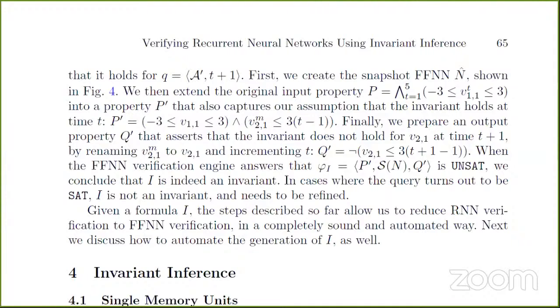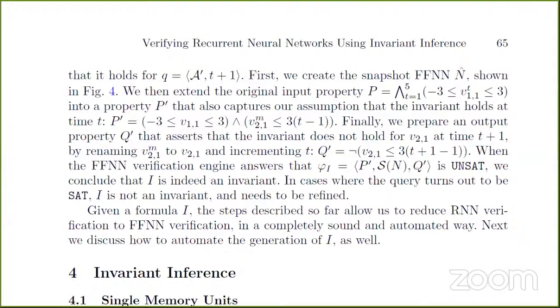So what is it that you want to check? Remember that we are checking this by induction. You have assumed that this property holds till some point, and then you are trying to make a transition so that this property does not hold. That the property does not hold in the next time instance is captured by the negation of the property.